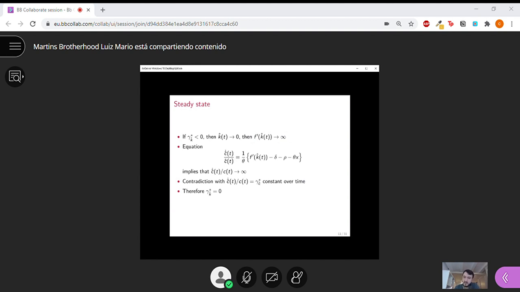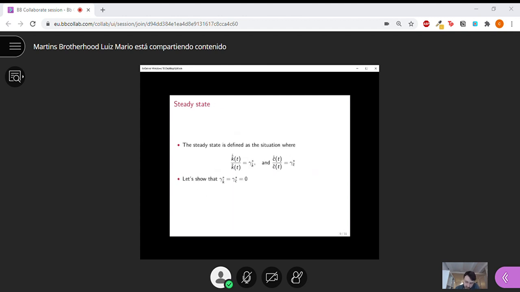And then this is going to be a contradiction using the Euler equation, okay? And the Euler equation is this one. And if this is going to infinity, all the other terms don't depend on time, okay? So it means that the growth rate of consumption is going to infinity, okay? That's a contradiction because we have assumed that the growth rate of consumption is fixed.